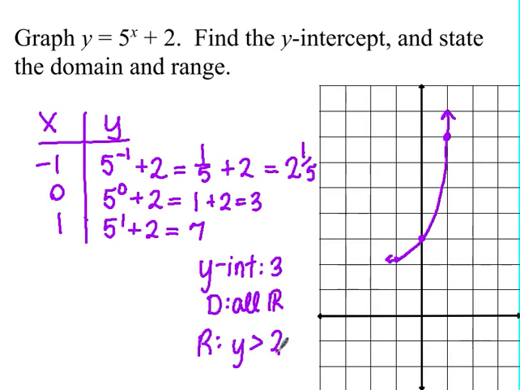Now, if you're wondering, well, how do I know it's 2 and not 1? Is there something maybe in the problem that would tell me it might be 2? The plus 2. Exactly right. This is your hint as to what your value is. So whatever you're adding on, that's going to be used in the problem with the range and with that limiting area.